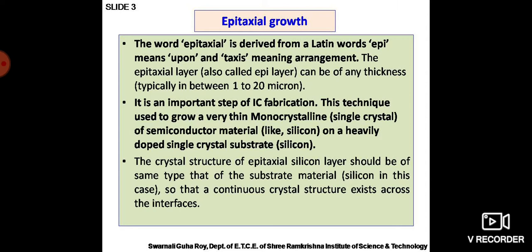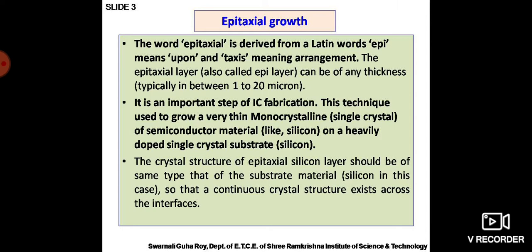Mono means single. So, a single crystal semiconductor epitaxial layer on a single crystal silicon substrate. And always keep in mind that the resistivity, or we can say the doping concentration, of the epitaxial layer is less than the doping concentration of the substrate.